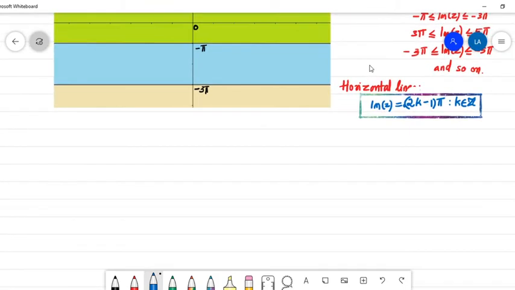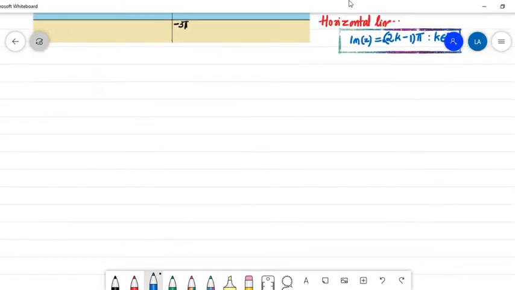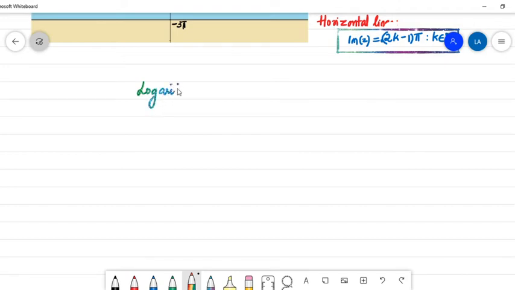Now we are moving on to define our new function, which is nothing but the logarithmic function.